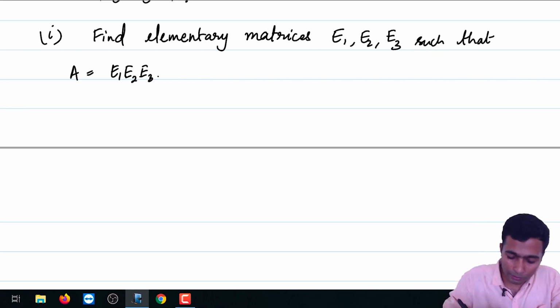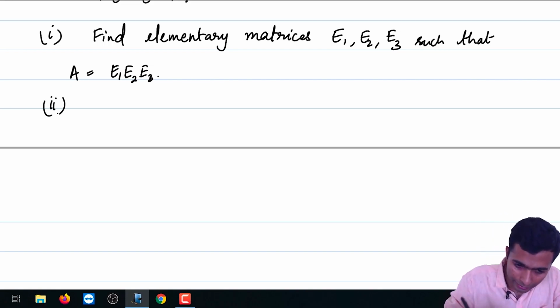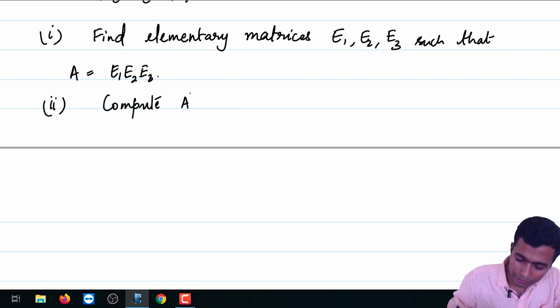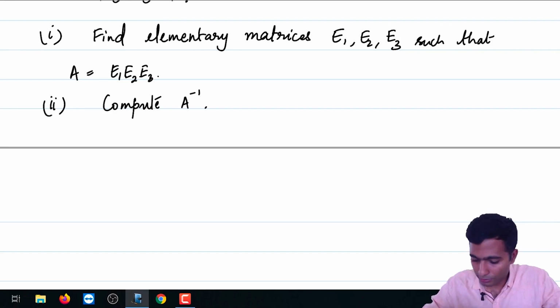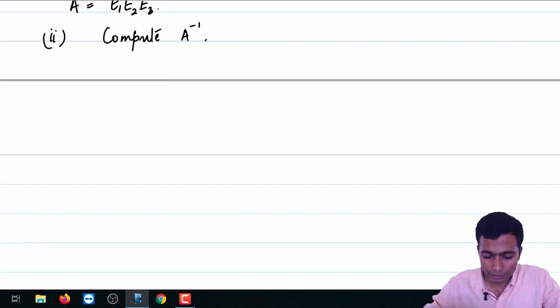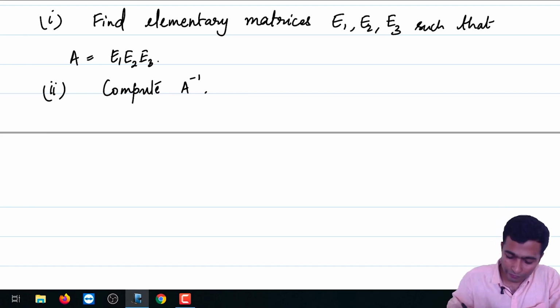That is the first part of the problem. And the second part of the problem is to compute A inverse. Needless to say, the second part is actually a simple corollary to the first part. So let's focus on solving this problem.